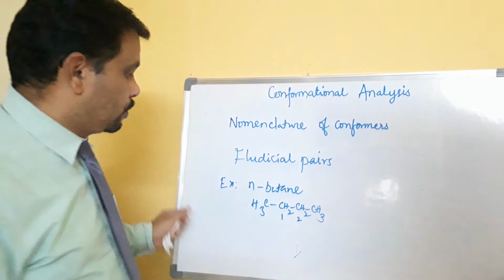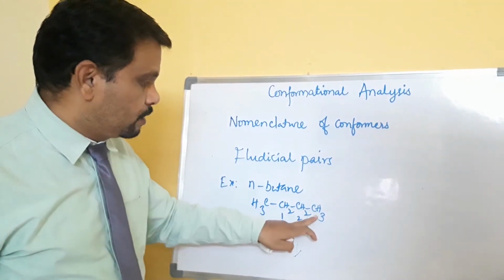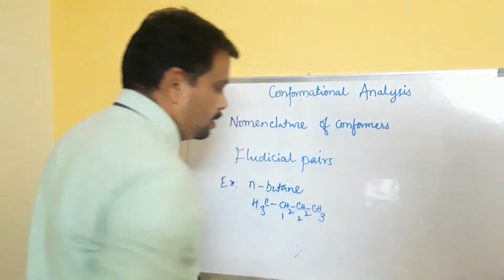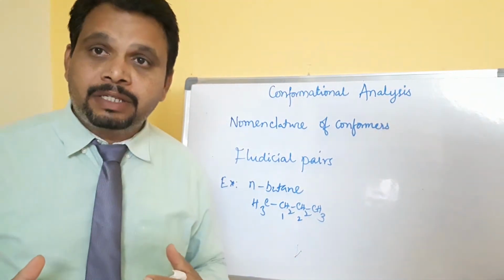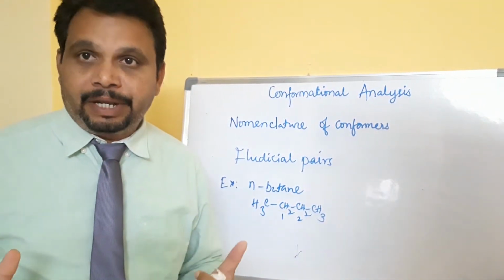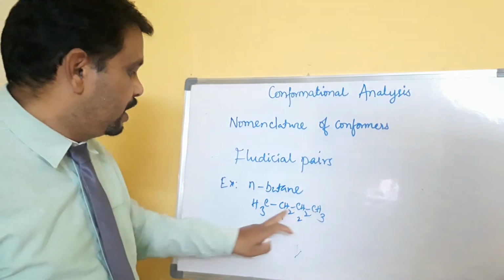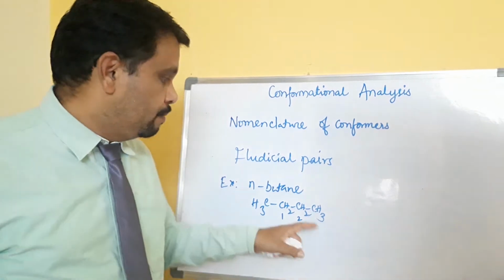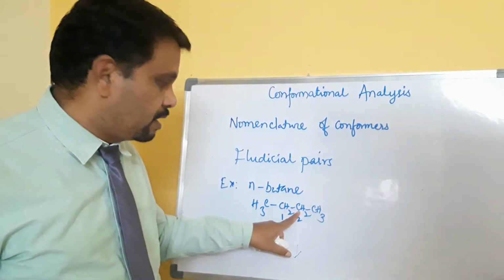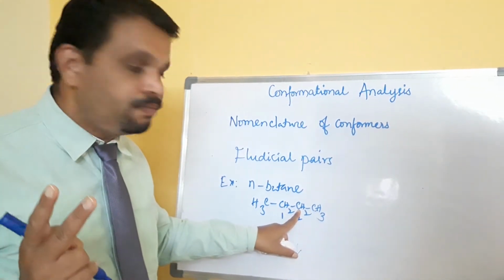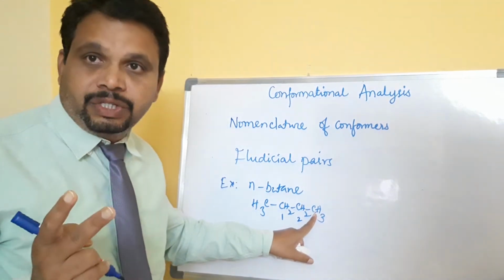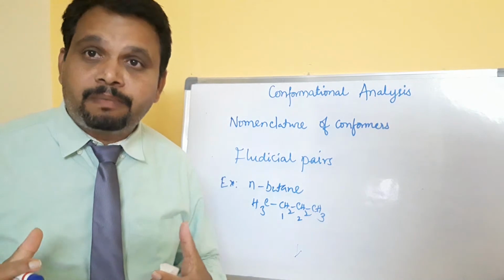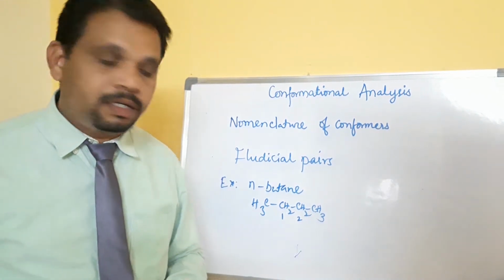So these CH3 and CH3 can be considered as a fluidicial pair, because on each carbon atom there are two hydrogen atoms and a CH3 group, and the CH3 group gets top priority over hydrogen atom.